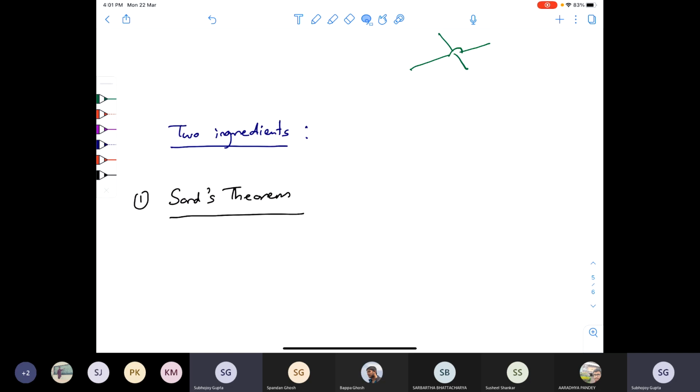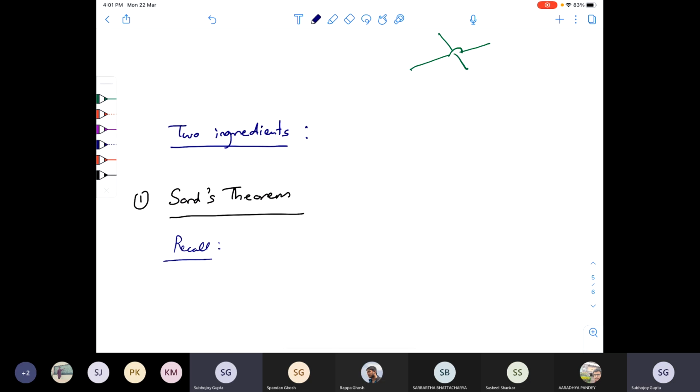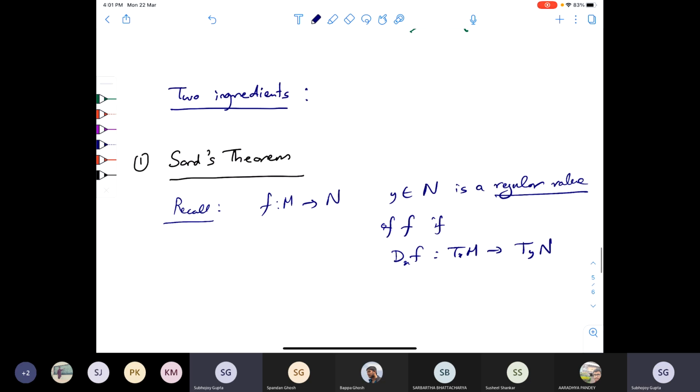Well, you'll have to recall the definition of regular value, right? So maybe recall that if your f is from m to n, y in n is a regular value of f if, basically, this derivative is surjective whenever f of x is equal to y.